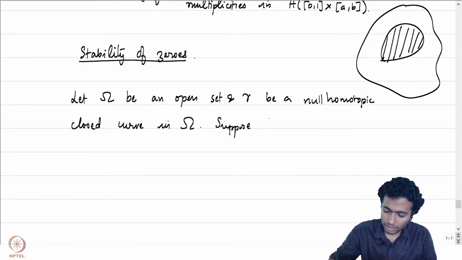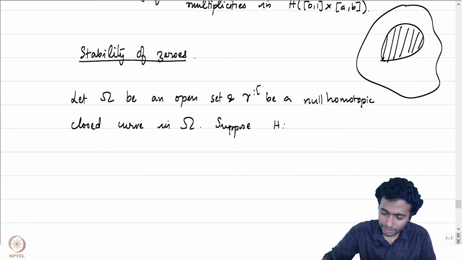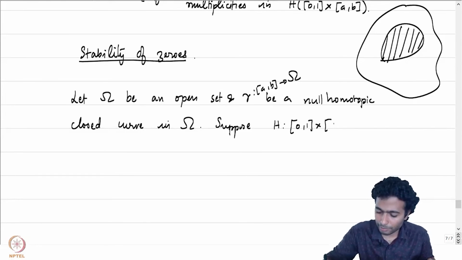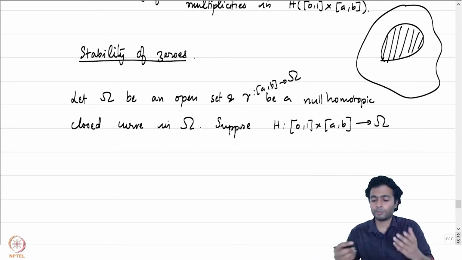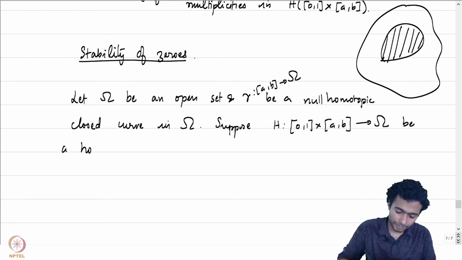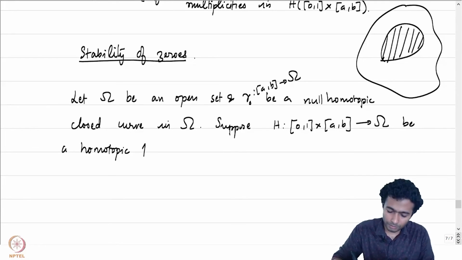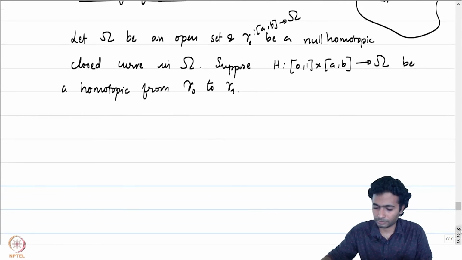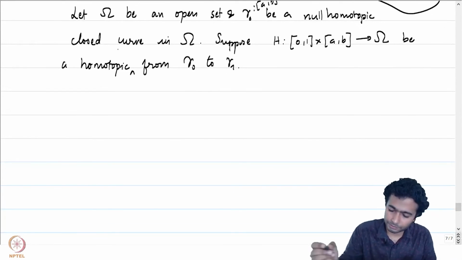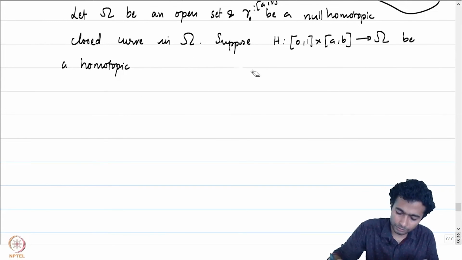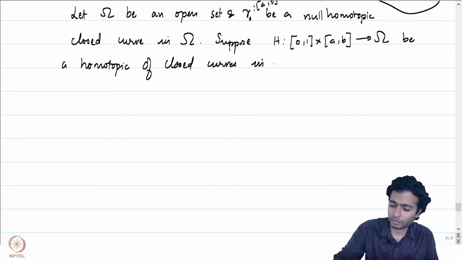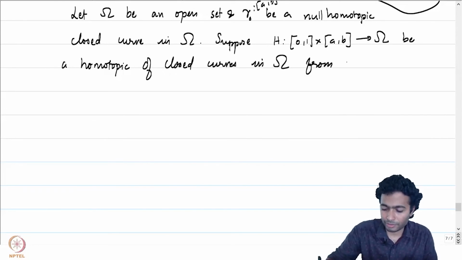Suppose H from 0 1 cross a b into omega is a homotopy, let us put a 0 here, from gamma 0 to gamma 1, a homotopy of closed curves, from gamma 0 to gamma 1.